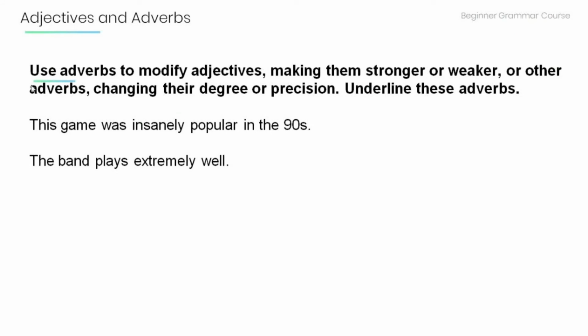Also note that we use adverbs to modify adjectives, making them stronger or weaker. We also use adverbs to modify other adverbs, changing their degree or precision. Read the following sentences and underline the adverbs that modify adjectives or other adverbs.